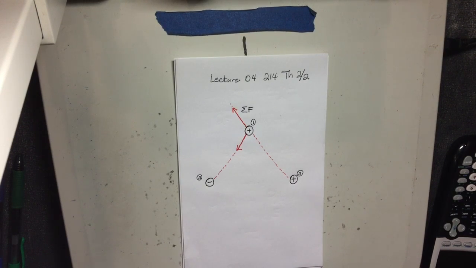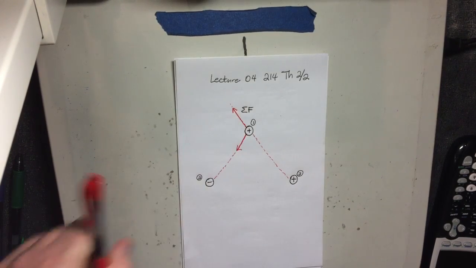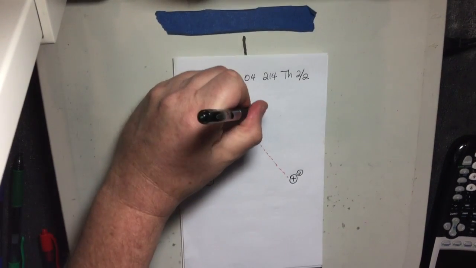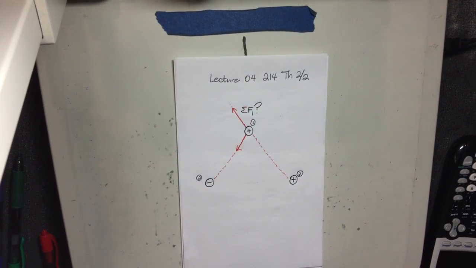And on the test, just like in these problem sets, there's going to be a problem where, given a set of charges, sum up the forces and give me the resultant. So what you have to do is, yes? I'd have to specifically define, yeah, so I would say sum of the forces on 1. I could ask sum of the forces on 2 or 3, it doesn't really matter.